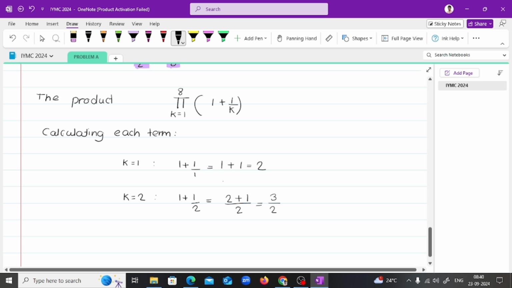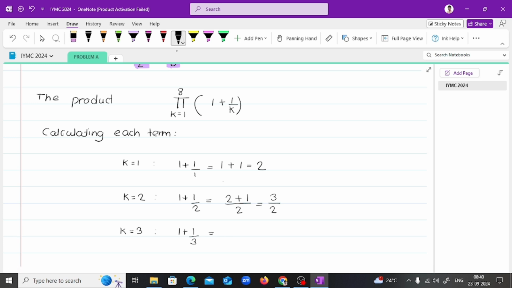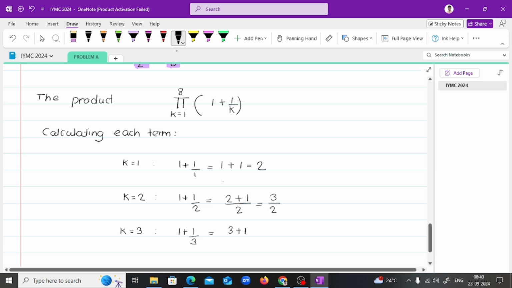Okay, so if we put k is equal to 3, it will become 1 plus 1 upon 3. So by making the denominator the same, it will become 3 plus 1 upon 3, which is nothing but 4 upon 3.